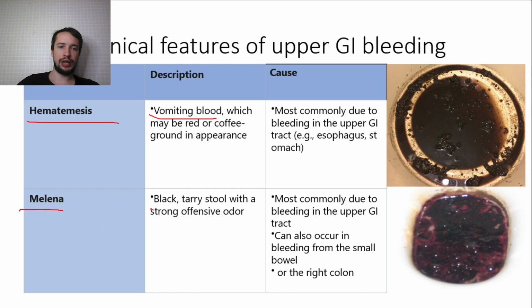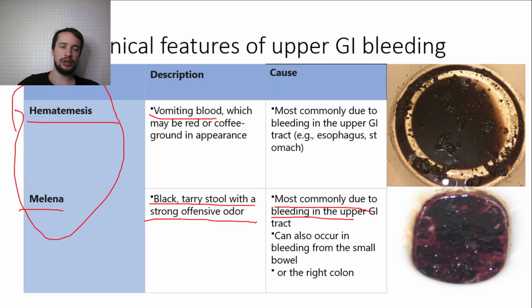Melena, a black tarry stool with a strong offensive odor, most commonly due to bleeding in the upper gastrointestinal tract, can also occur in bleeding from the small bowel or the right colon. You need to understand that hematemesis and melena are the best clinical signs of gastrointestinal bleeding.